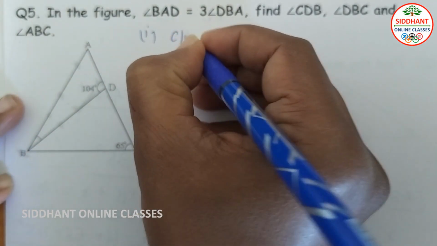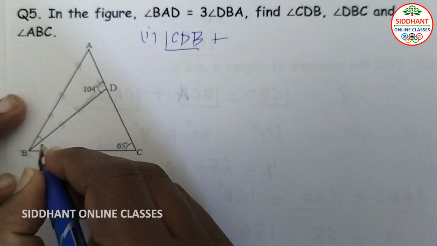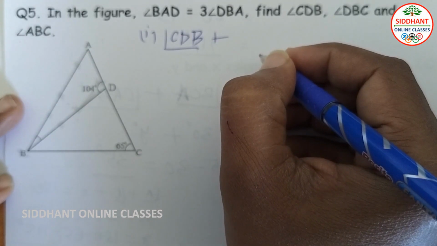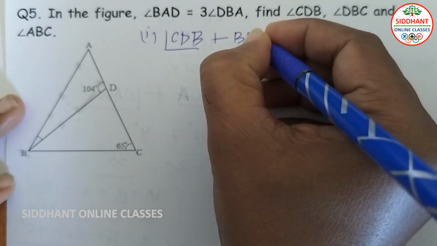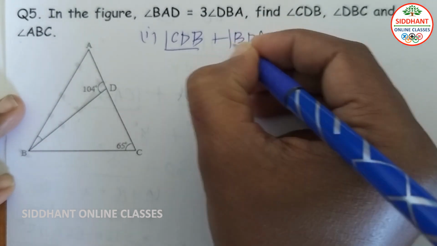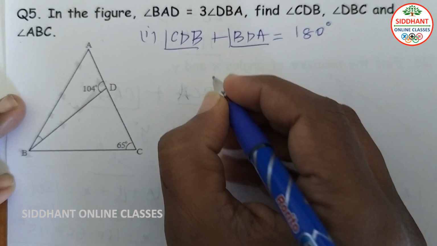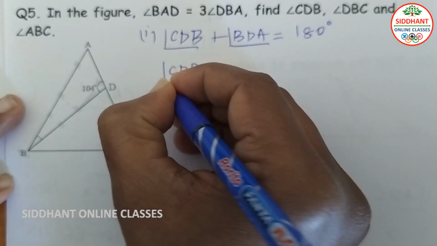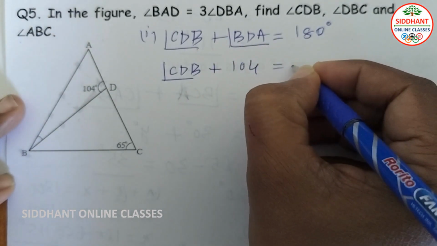So CDB angle plus BDA will be equal to 180 degrees. So CDB angle plus BDA 104, that equal to 180.